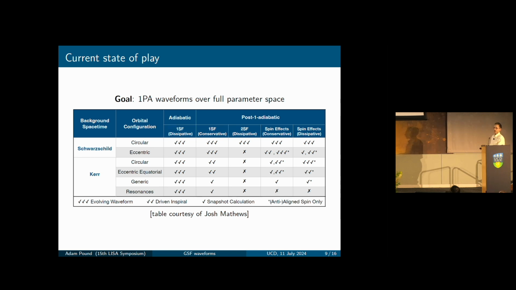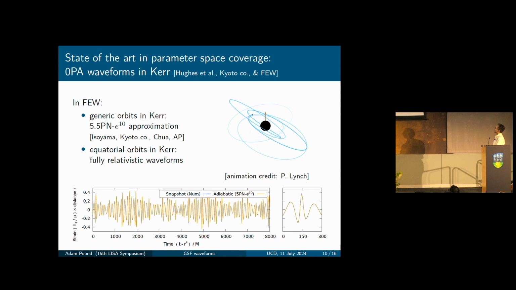So over the rest of the talk, I'll go through step by step, showing you what we currently have, what is the current state of the art in parameter space coverage and in accuracy. Okay, in terms of covering the parameter space, at 0 PA order, we are doing pretty well. We have mostly covered the parameter space for generic orbits in Kerr.